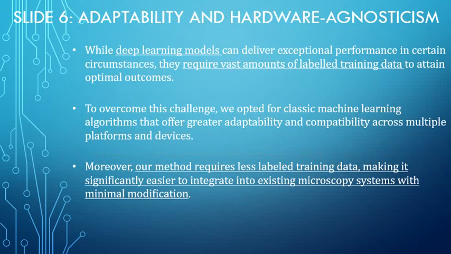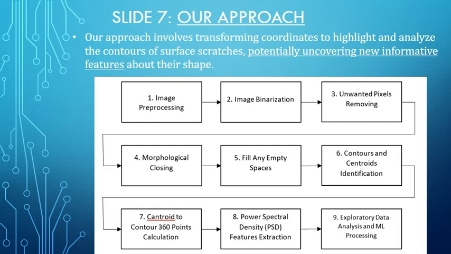While deep learning models require a vast amount of laboratory training data, our method requires less, making it significantly easier to integrate into existing microscopy systems with minimal modifications. Our approach potentially uncovers new informative features, and the workflow diagram is presented on slide number 7.